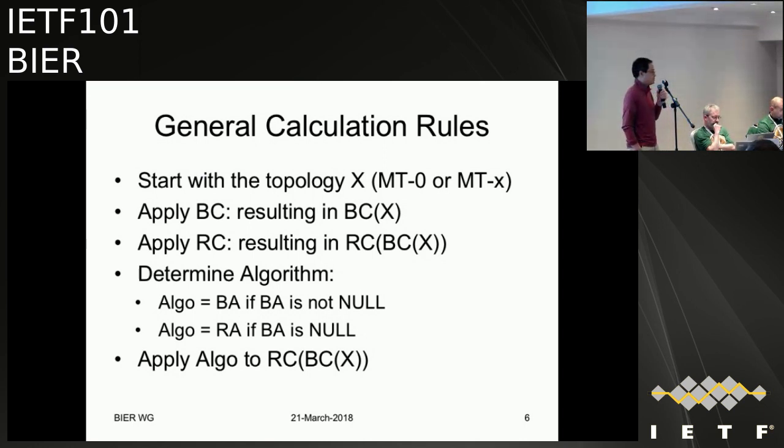And then you determine the algorithm to use. Currently, for simplicity, if the BA is not null, we just use the BIER algorithm. Otherwise, we just use the routing algorithm. In the future, this could be enhanced, but for now, let's just go with simple.